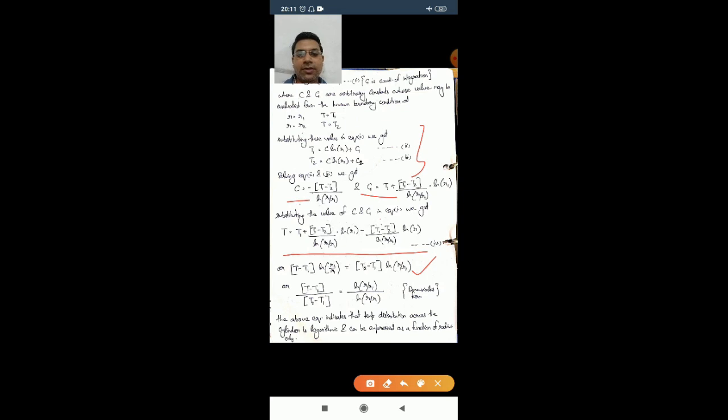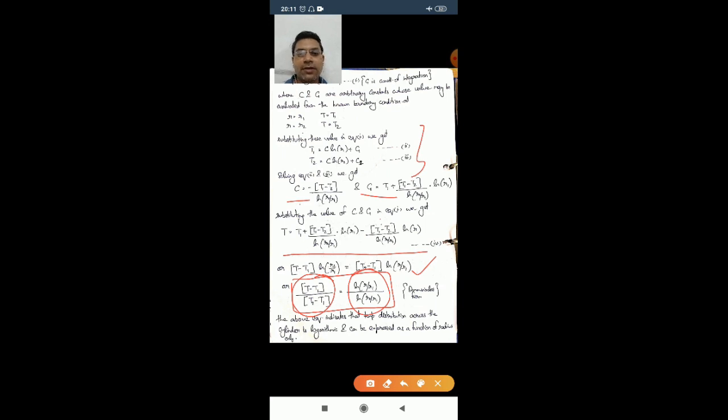Now students, this is a dimensionless form and is very popular in thermal engineering, where all the things are represented in dimensionless form. This equation, as you see, is in dimensionless form, and this is also a dimensionless form. This equation denotes that the temperature distribution across the cylinder is logarithmic.